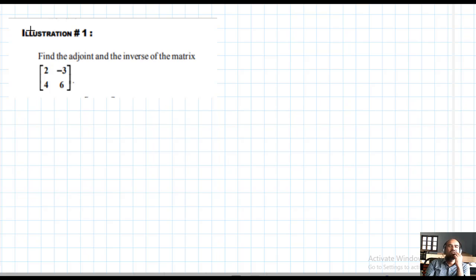Okay students, actually this is illustration number 1. What I explained previously, that is illustration number 2, because illustration 1 is a given 2 by 2 matrix, easy matrix. Okay, let A equal to 2 minus 3 4 6.